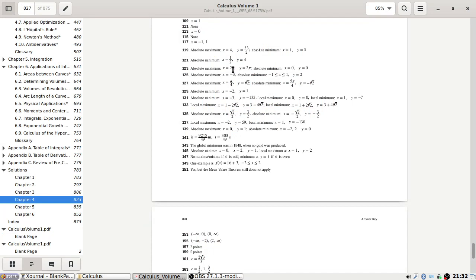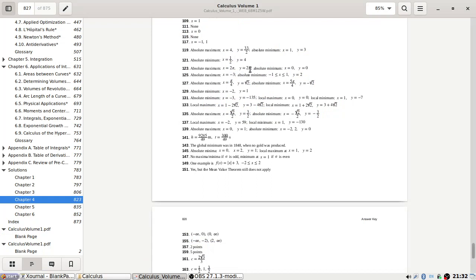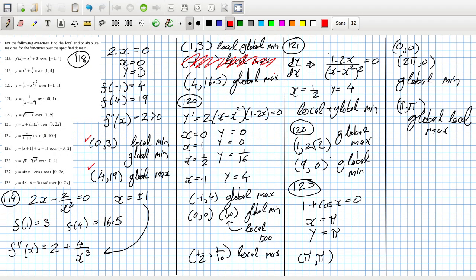Global max at 2 pi, 2 pi. Oh, 2 pi, 2 pi. Oh, yeah, sorry. Did I sub it into the wrong function? 2 pi plus 0. Yeah, that should have been 2 pi, 2 pi. Okay, so that's a global min. And that one there is a global max. So then that one can only be a local.